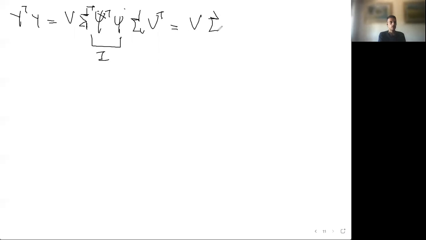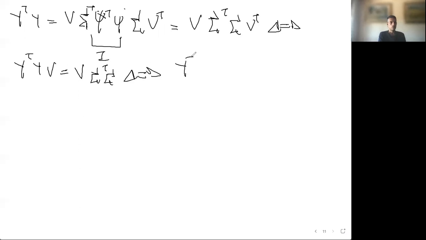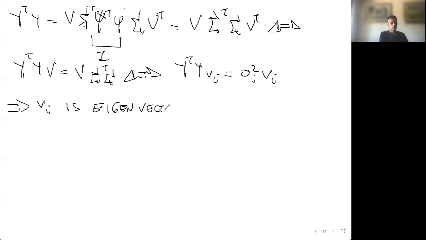So we have V Sigma transpose Sigma V transpose, which is equivalent to Y transpose Y V equal V Sigma transpose Sigma, or Y transpose Y v_i equal sigma_i squared v_i. So v_i is an eigenvector of Y transpose Y, and sigma_i squared is its eigenvalue.